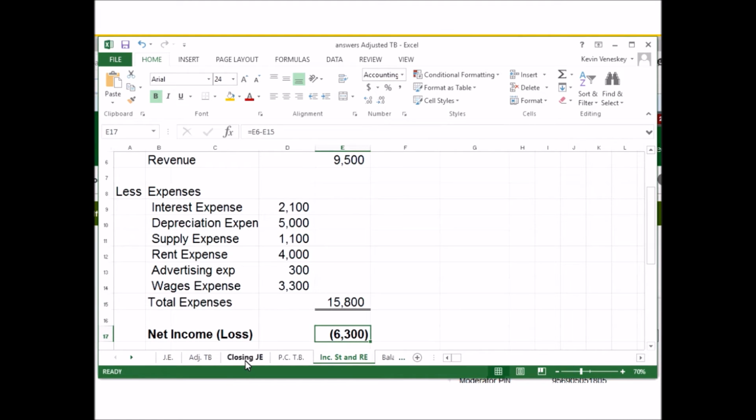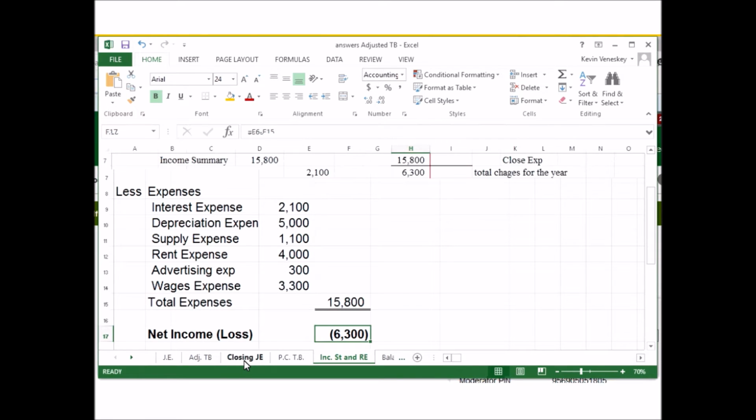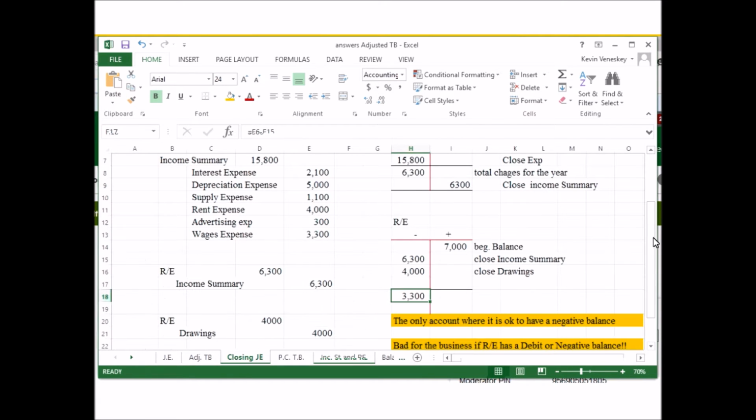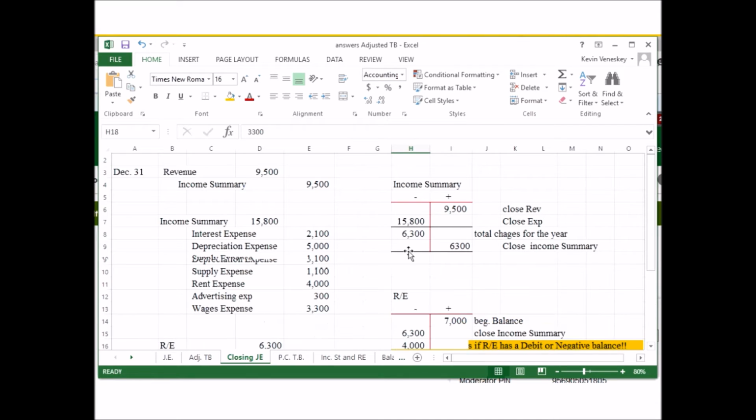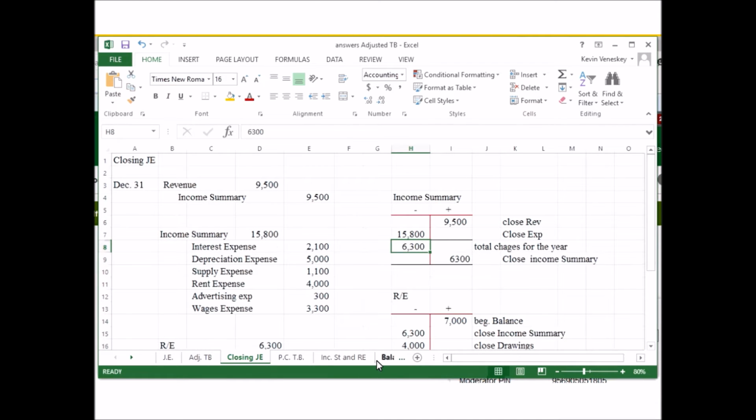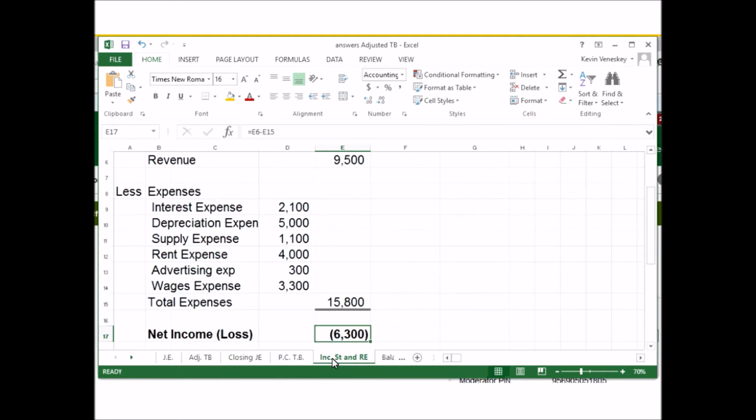Now that 6,300, hopefully that rings a bell. When we look back to our closing entries, that 6,300 was our income summary total as well. How much money we had lost in this case throughout the year, and then we closed it out. But that 6,300 is one of our checkpoints.